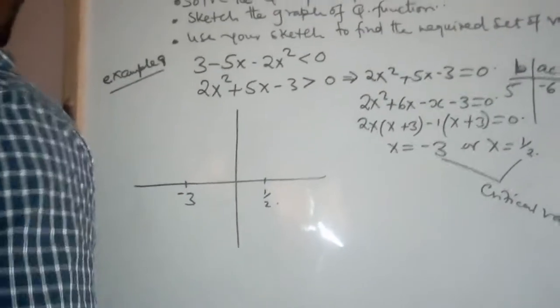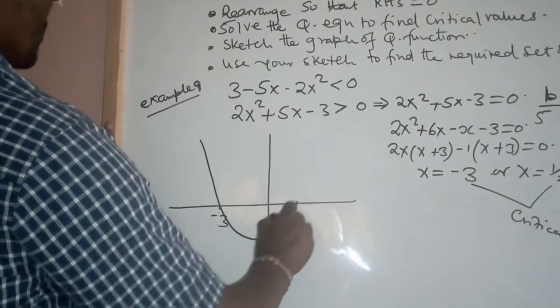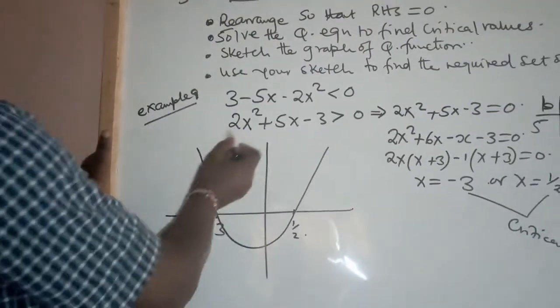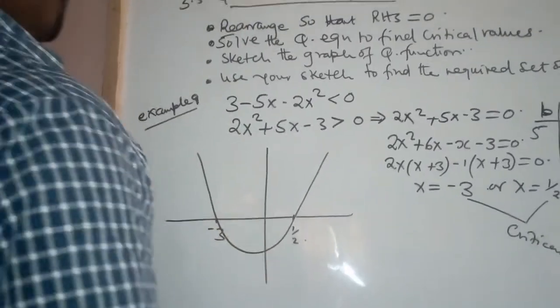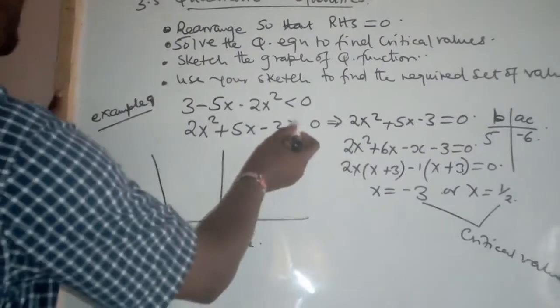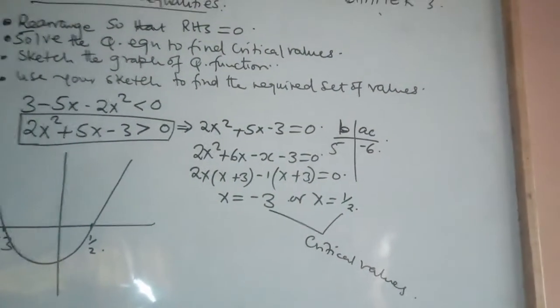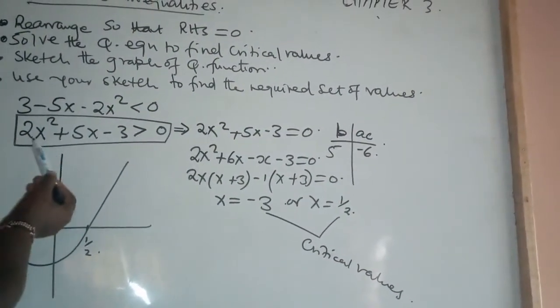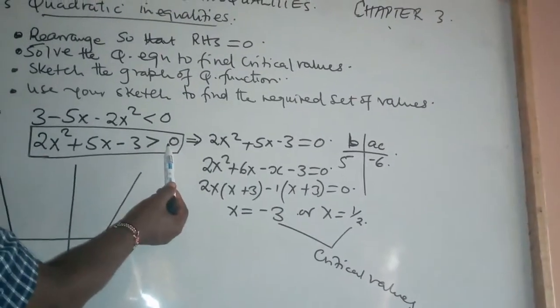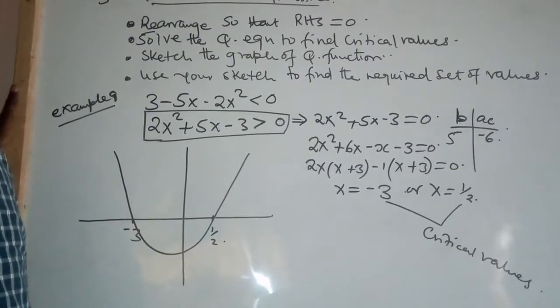Now, if we would wish to sketch this graph, it is a U-shape, because a is positive. But what are we saying? That we are solving this particular inequality, and we should see for all values that are greater than 0, this particular function makes sense.